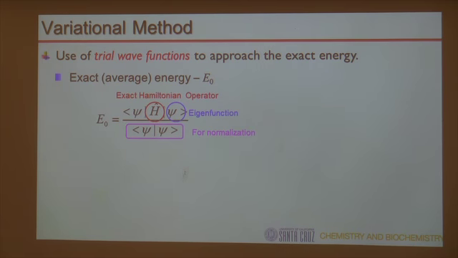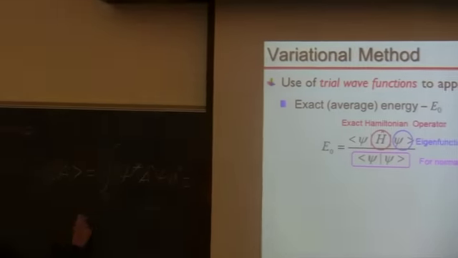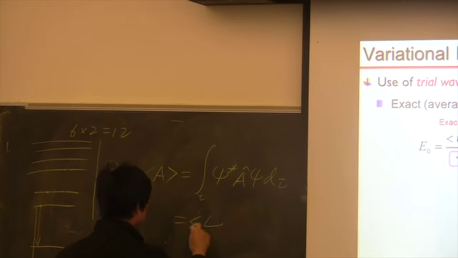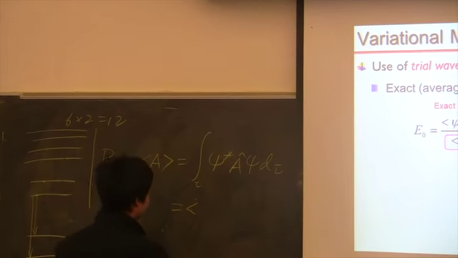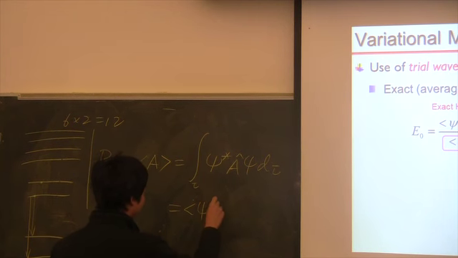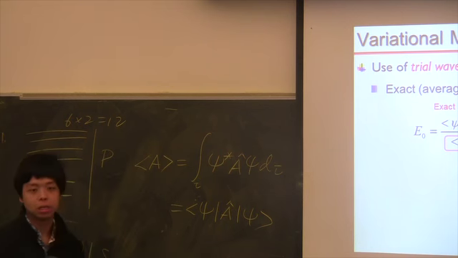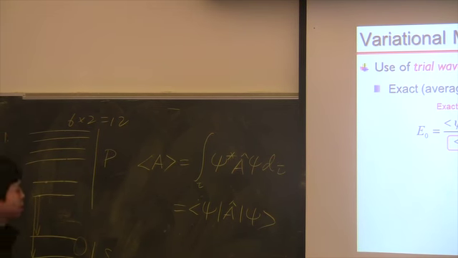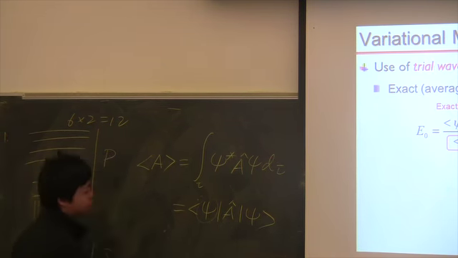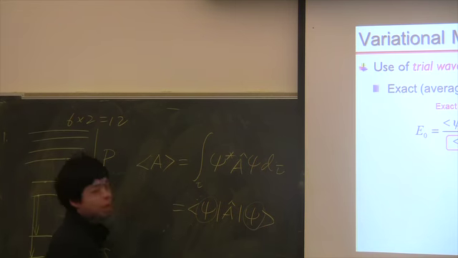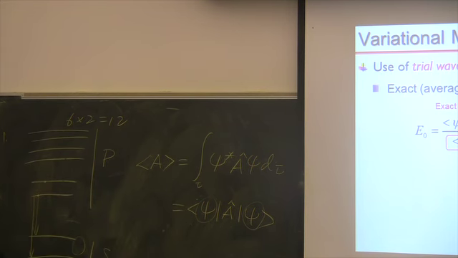Memorize this. If you convert to Dirac notation, it's this. We just make sure the wave function we use is normalized. If it's not normalized, as we mentioned in chapter 4, please normalize it first and then do the evaluation.